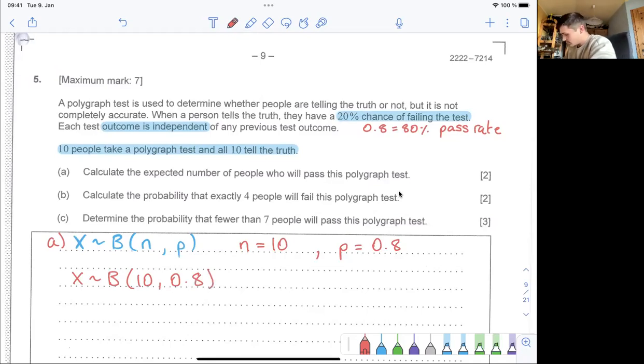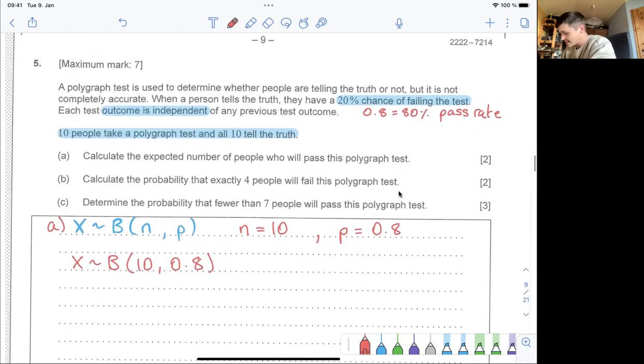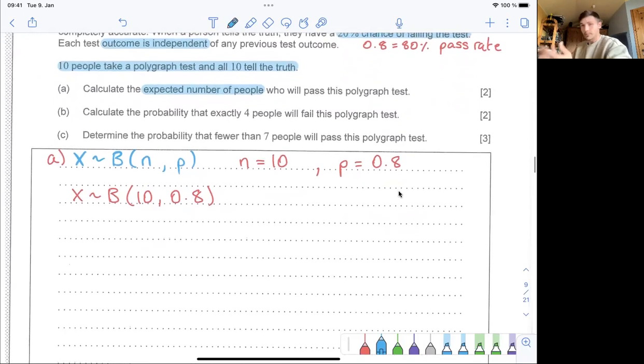Okay, so part A asks us to calculate the expected number of people who will pass this polygraph test. All right, so let's highlight the expected number of people. The expected number of a binomial distribution is given to you in your formula booklet, as follows: the expected value of X is equal to np.